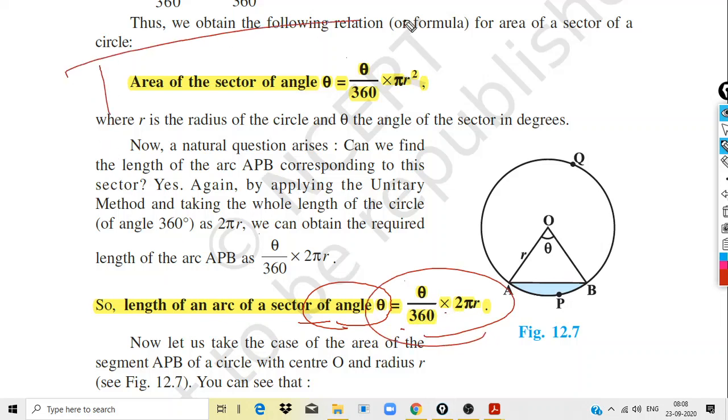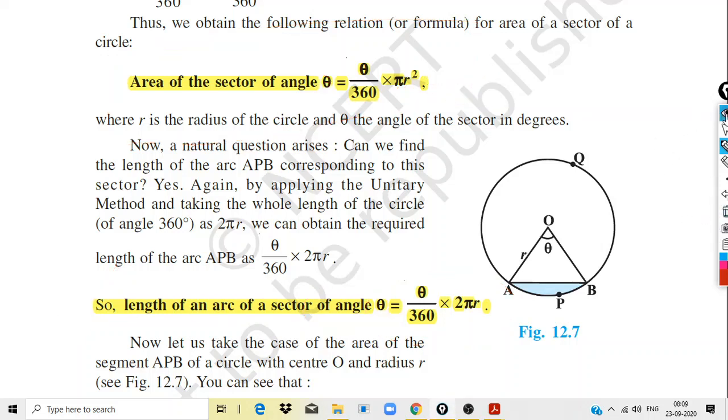Similarly, we have already discussed area of the sector of angle theta is equal to theta by 360 into pi r square. Basically, these are two formulas. You please understand them. You don't need to remember them. If you just understand, then you can find it.